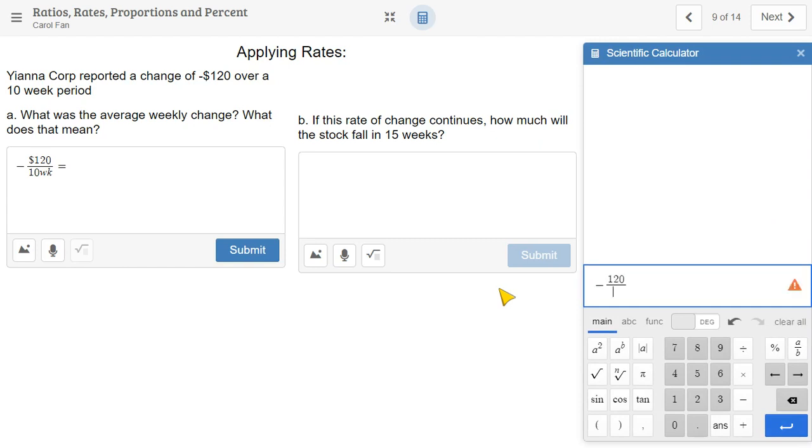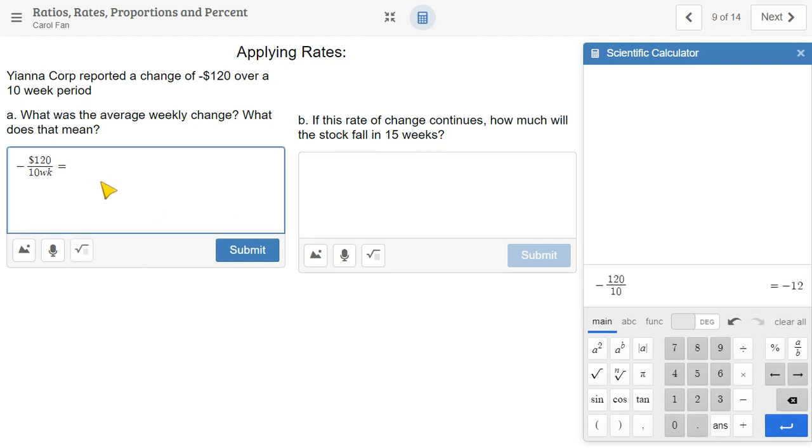Negative 120 divided by 10 gives us negative 12. So we have negative $12 per week. What does that mean? It means that each week the value has gone down by $12.